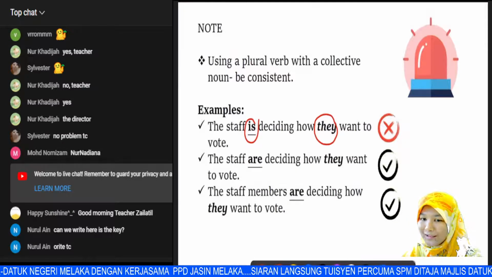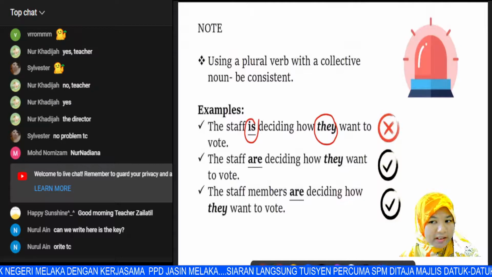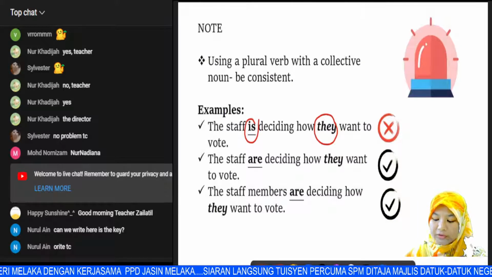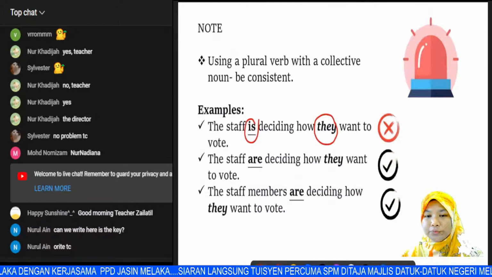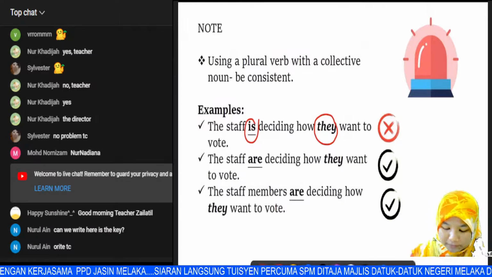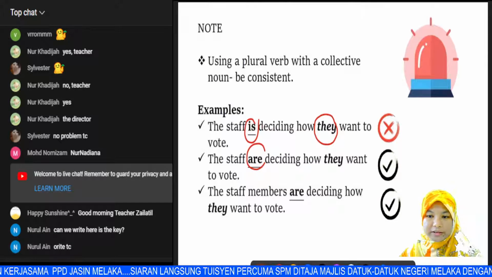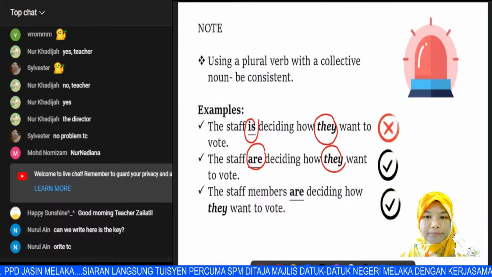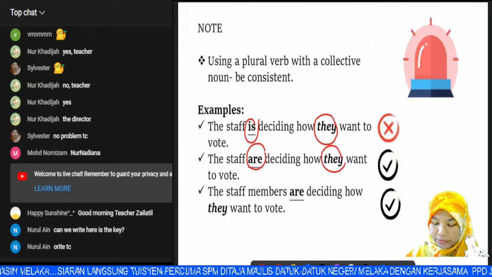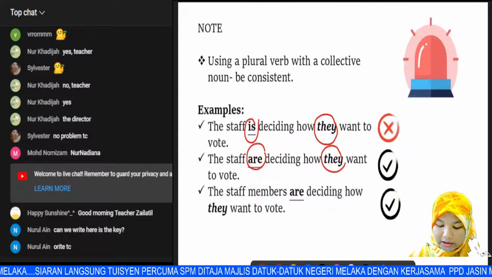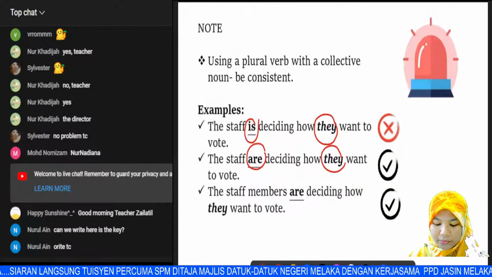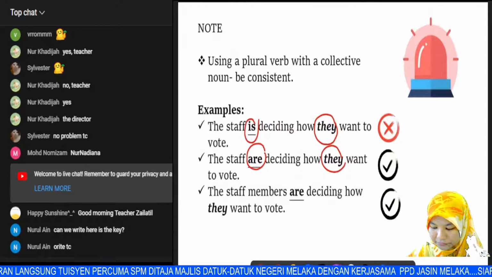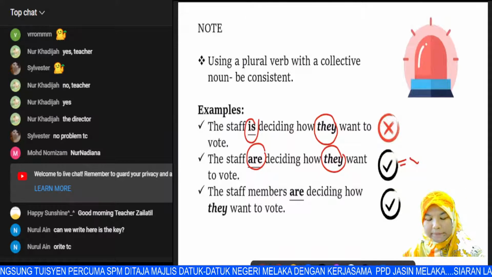Is and they are not complementing each other, so that's why it is wrong. If you want to use a plural verb, make sure it complements they. So: the staff are deciding how they want to vote, then it becomes okay.